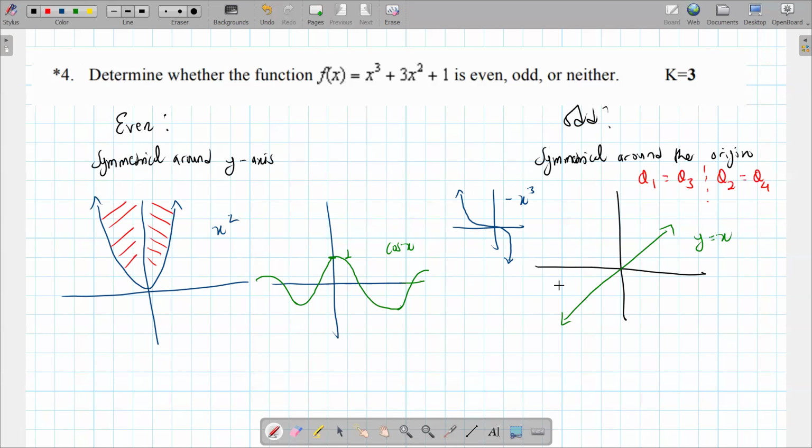You remember this? So now this is from a graphical standpoint. I don't feel like graphing this, so we're not going to use the graphical approach to answer this.